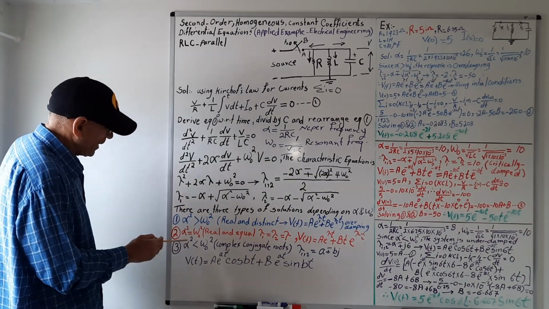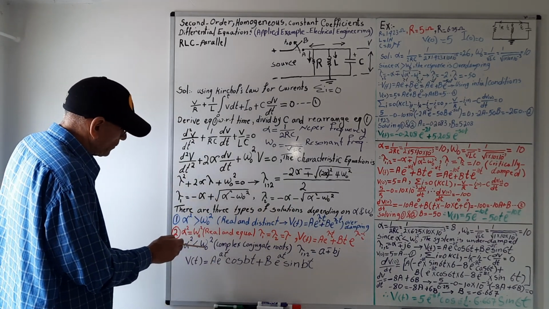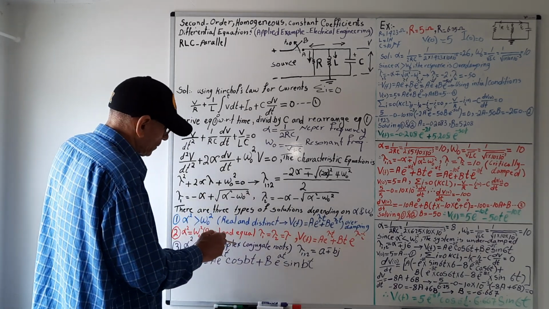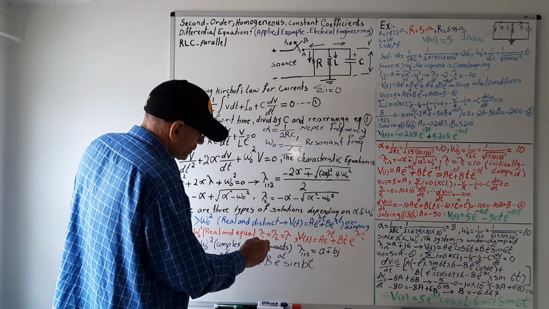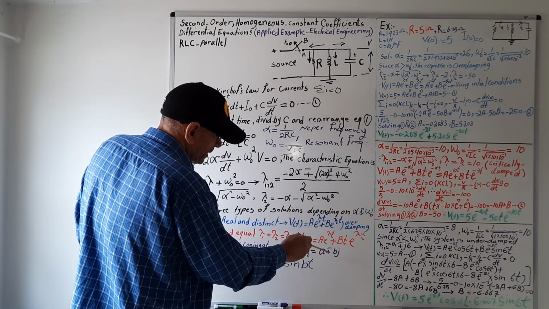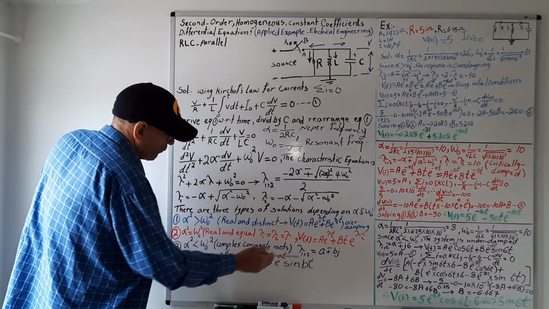The third case is when alpha squared is less than omega naught squared, and we will get complex conjugate roots. Lambda 1 and 2 equal A plus or minus Bj, and this is the solution for this case.